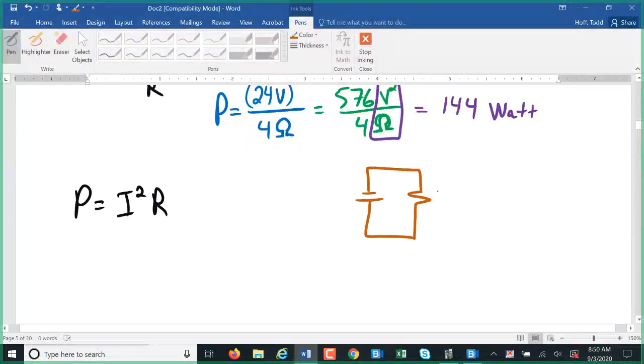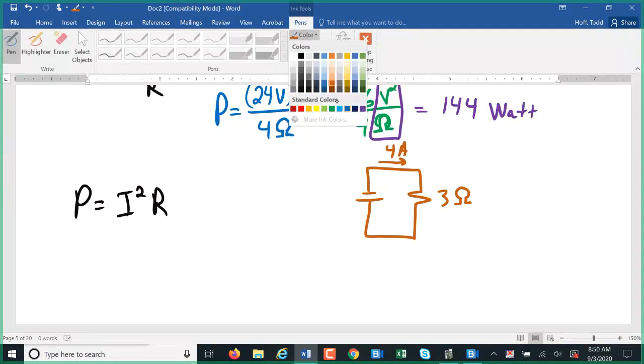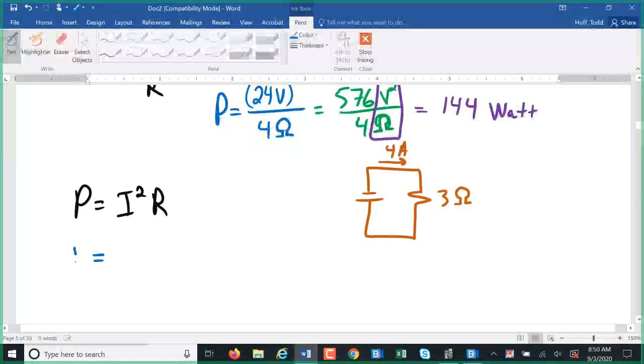Let's make that 3 ohms just to be a little bit different. But now for this formula, I need to know how much current is flowing. Let's say that we have 4 amps of current. So my power is going to be the 4 amps squared times my resistance of 3 ohms.